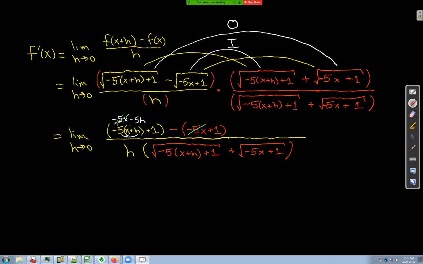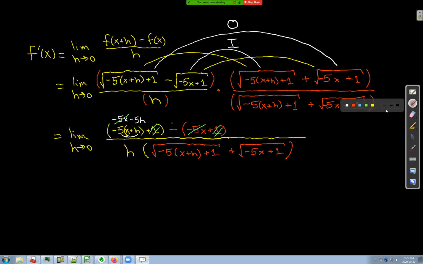They're going to make 0 because I've got a negative 5x here and a minus 5x here. So those guys will knock each other out. And then what else do we have here? Here we have a positive 1, and here we have a minus a positive 1. So those 1s are going to go away also.